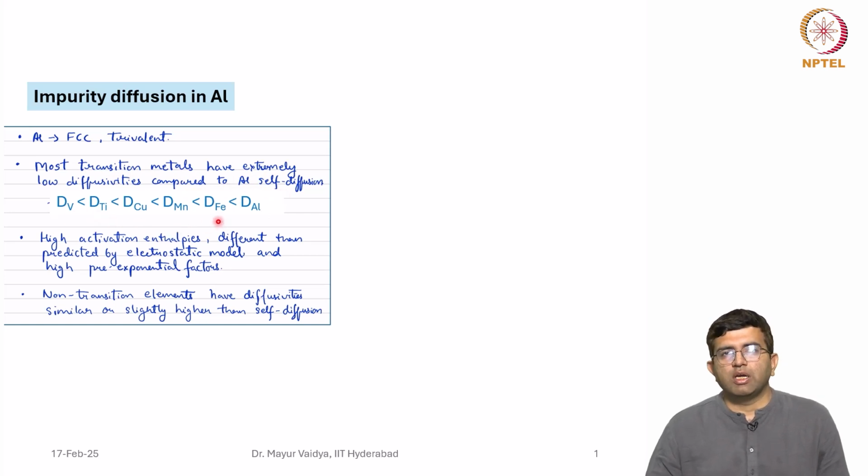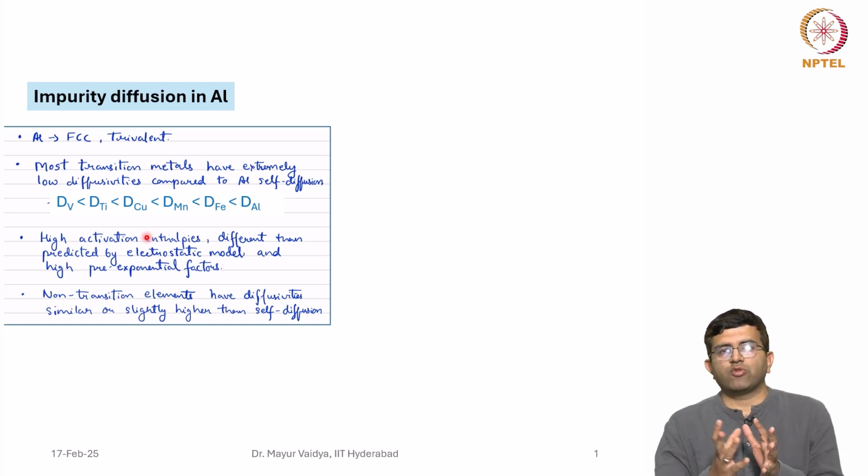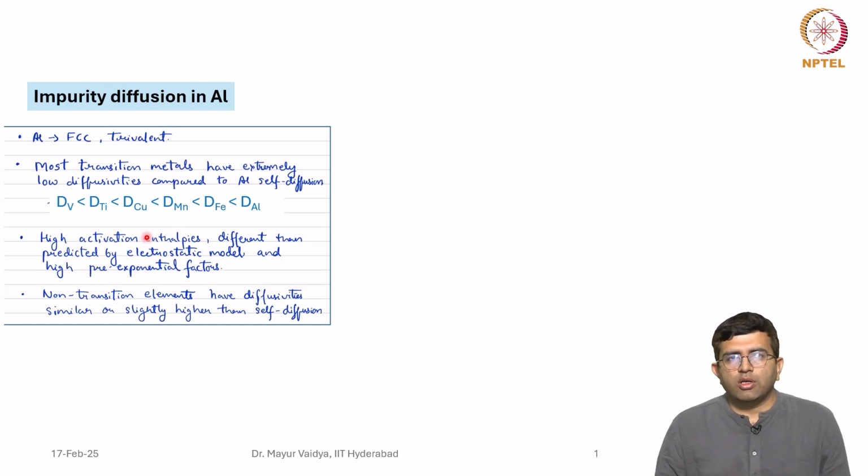They all have diffusivities which are less than the self diffusivity of aluminum, and consequently they have higher activation enthalpy, which is in fact different from that predicted by the electrostatic model, and have high pre-exponential factors. When it comes to non-transition elements, the diffusivities are similar or slightly higher than the self-diffusion of aluminum.